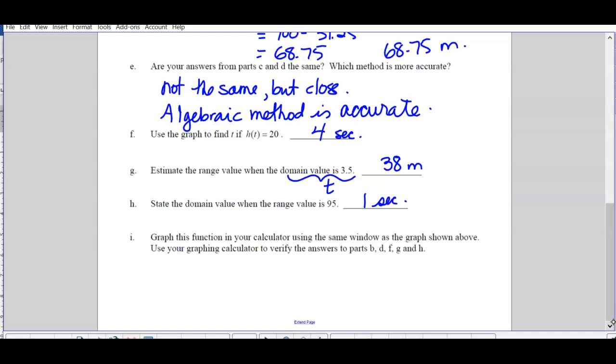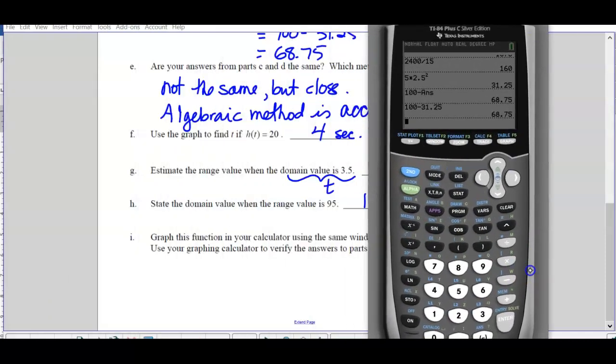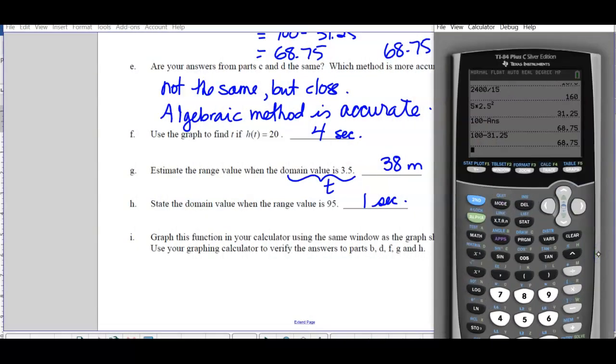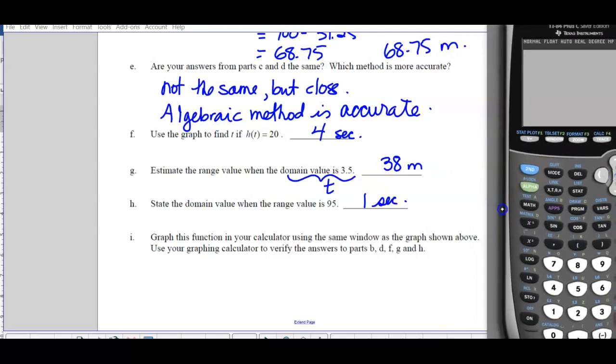So again, if you have your graphing calculator with you, if you don't, you're just going to have to follow along. These days you can't really share because you don't want to get too close to people. So graph the function in your calculator using the same window as the graph shown above.